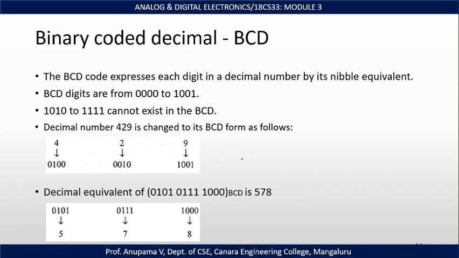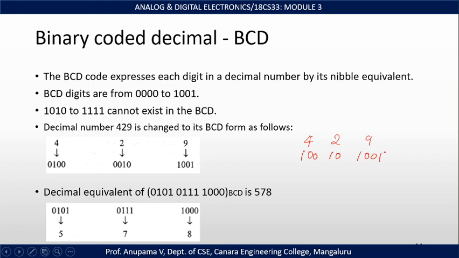Here you may ask one question, ma'am, why can't I write 4 as 100, 2 as 10, 9 as 1001 in BCD?